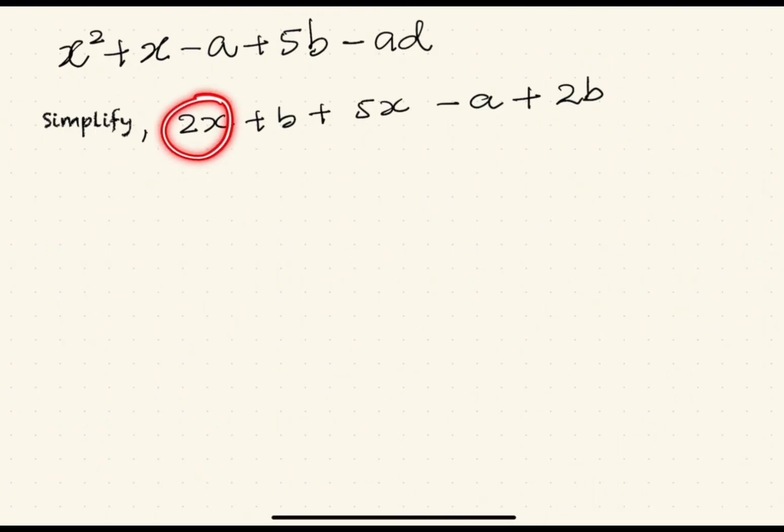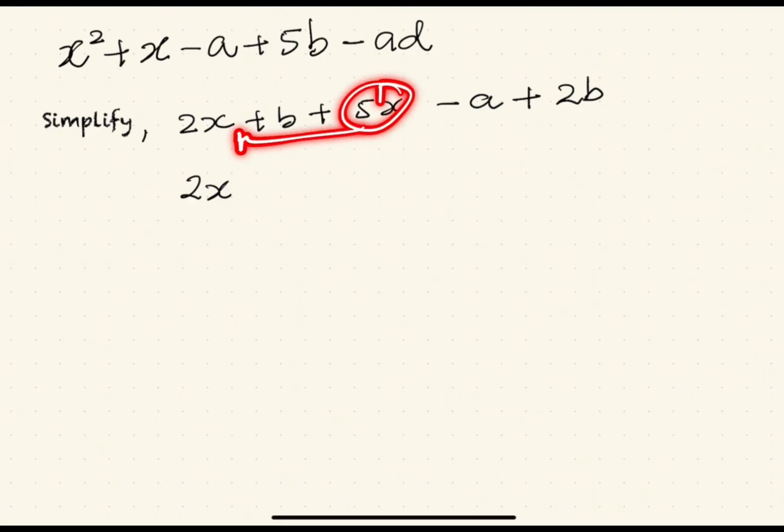Here there's a 2x, and here there's a 5x. These are like terms. It means we can regroup them and bring them next to each other. So this 2x can be written here, and the 5x can come next to the 2x. So we have a positive 5x. Now we have handled this one. How about this one? It's a b. We write the b like that.